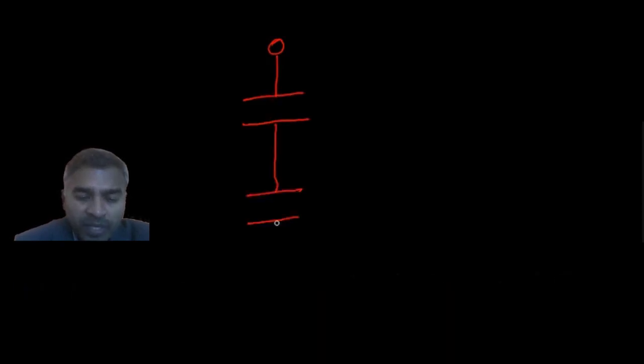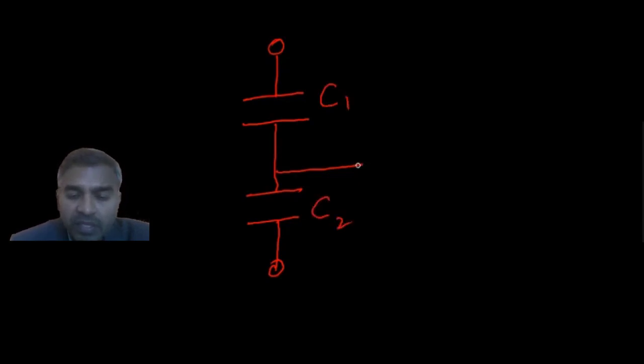Now similarly, if omega is causing a problem with one capacitor, we can consider a setup with two capacitors, C1 and C2, and measure the voltage of the second, bottom capacitor instead of the current.